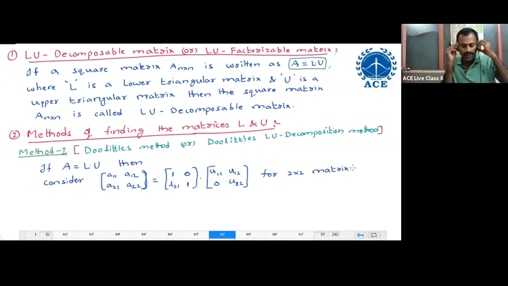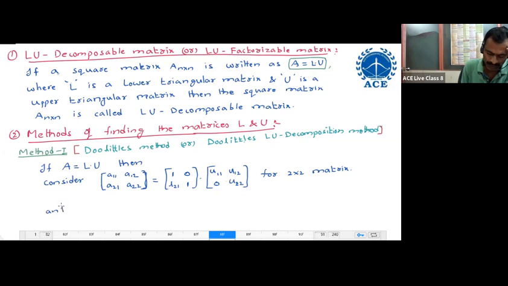If A equals LU, then consider this 2 by 2 matrix equal to L into U. To find L and U, we have to find L21, U11, U12, U22. On the right hand side, find the product of these two, equate the corresponding elements of the matrix and solve for L21, U11, U12 and so on.